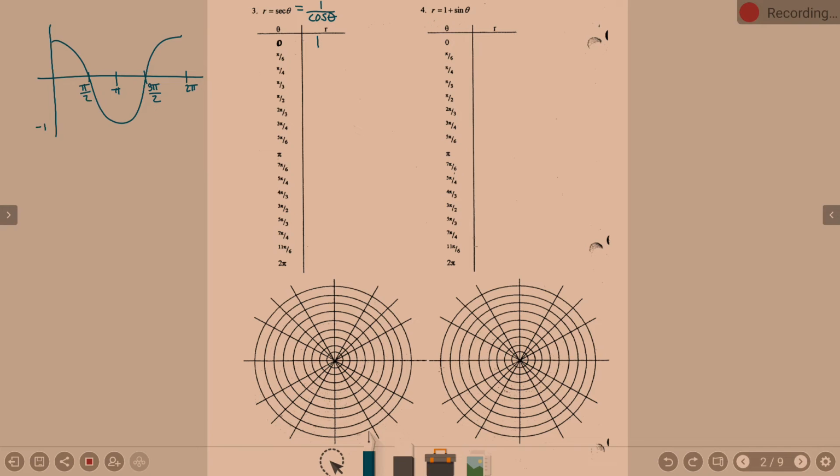So, okay, guys. Now, what about secant of pi over 6? My brain says it's the reciprocal of cosine of pi over 6. So if cosine of pi over 6 is square root of 3 over 2, then it's 2 over square root of 3.